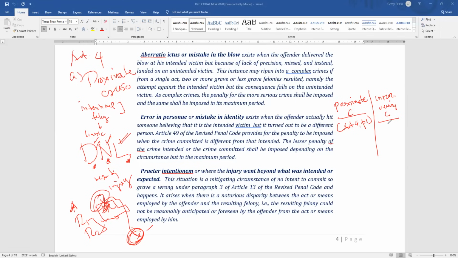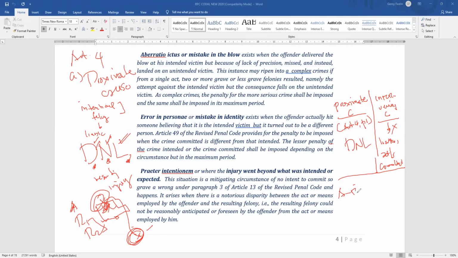Now, if it is an intervening cause, liable only for the act or acts committed. That's it. Walang consequences different from that which intended. So, dapat aalamin mo kung proximate or intervening cause. Kasi pag proximate cause, apply mo yung DNL. Dito walang DNL dyan.